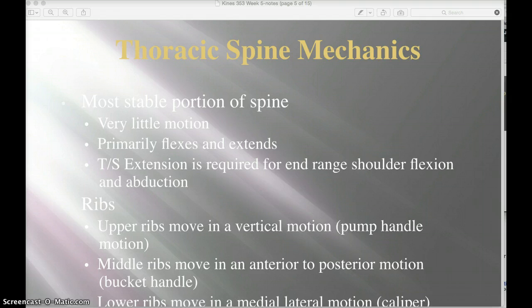The first 10 thoracic vertebrae have articular facets on each transverse process, which means that's where the ribs articulate.